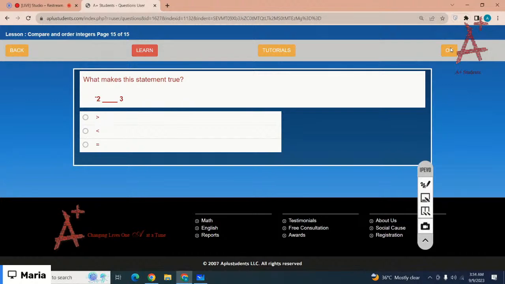Negative 2 and 3, which is the correct option? Yes, negative 2 is less than 3.